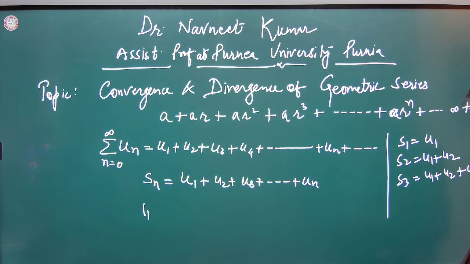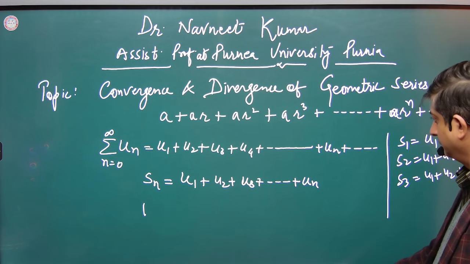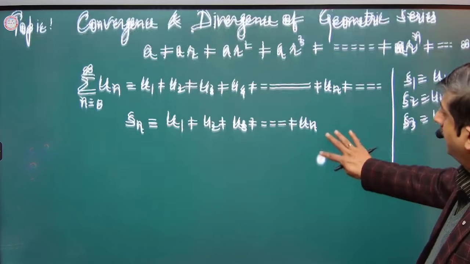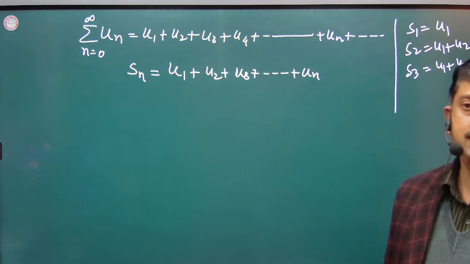Then, what is the formula for convergence and divergence?